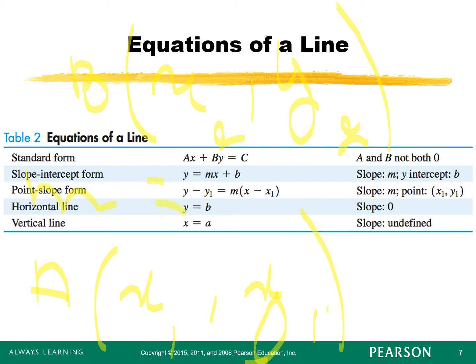M is y2 minus y1 divided by x2 minus x1.